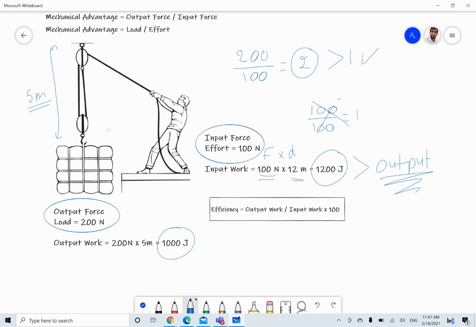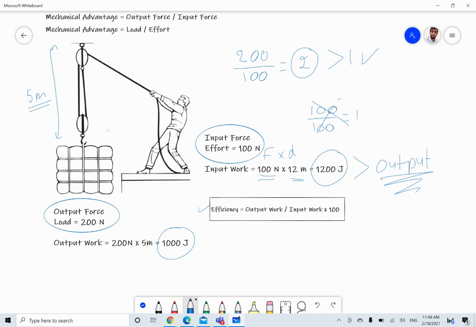So guys, the efficiency is the ratio of the output work to the input work. So I divide the output work over the input work and I multiply it by 100. Why? Because I want the answer in percent.